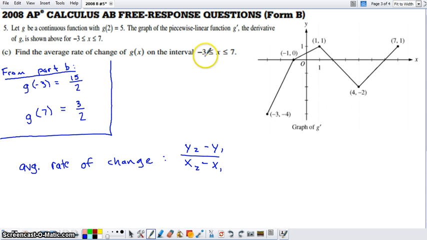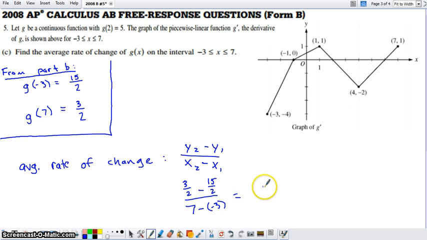So over the course of this piece of the x-axis, the average rate of change is going to be given by the difference between the y values there. So that's going to be 3 halves minus 15 halves. I'm just taking the function values that we determined in Part B, and then I'm going to divide by the corresponding difference in x values. So that's going to be 7 minus negative 3.